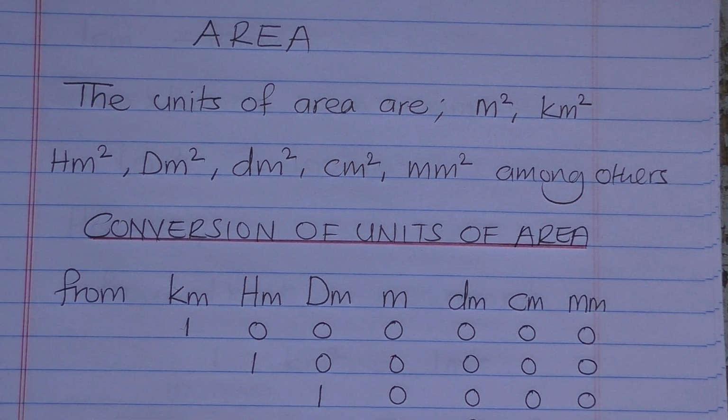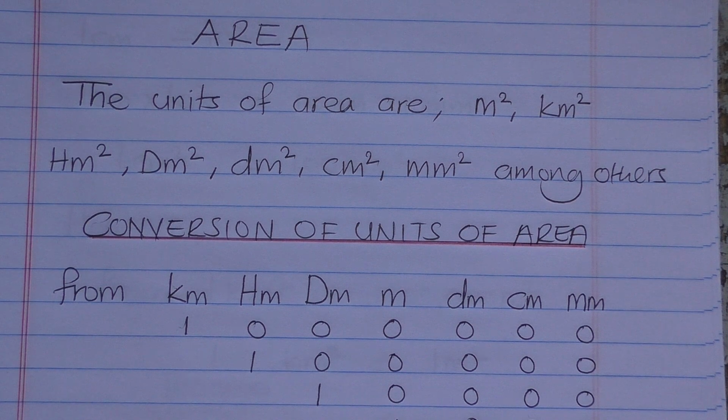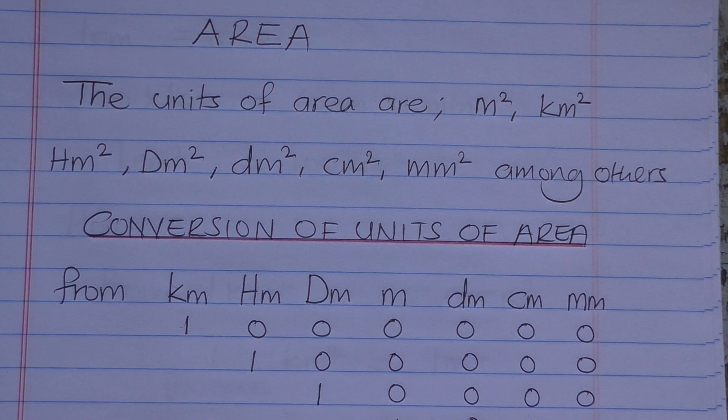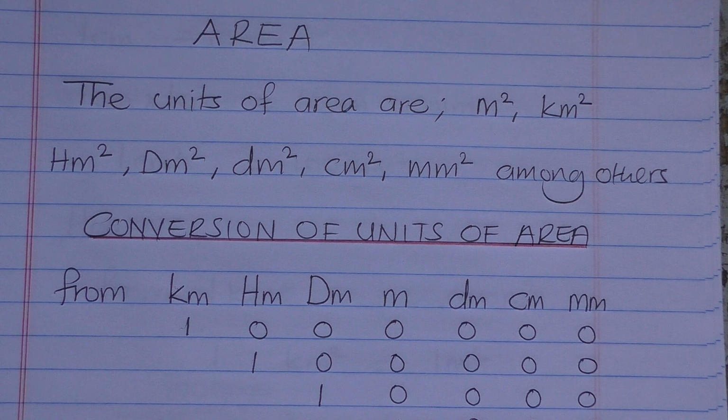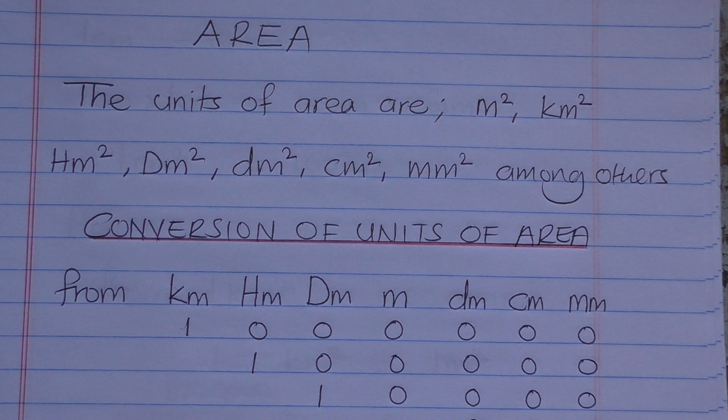Area is simply defined as a two-dimensional space occupied by an object. For instance, if I put a box on the table, there are two dimensions of the box that are in contact with the table.